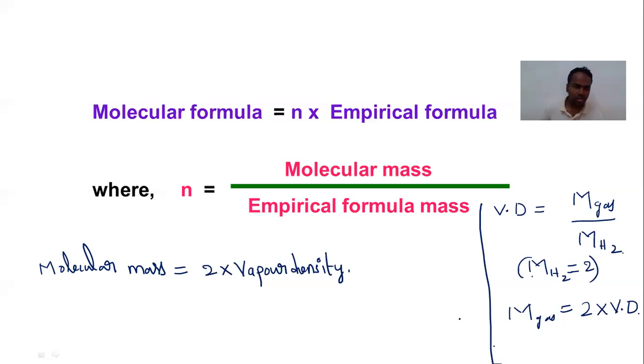So molecular mass is equal to 2 into vapor density. In some numericals, instead of giving the molecular mass, they simply use the vapor density. From the vapor density, you can calculate the molecular mass. These are the formulas to find N. N is equal to molecular mass by empirical formula mass.